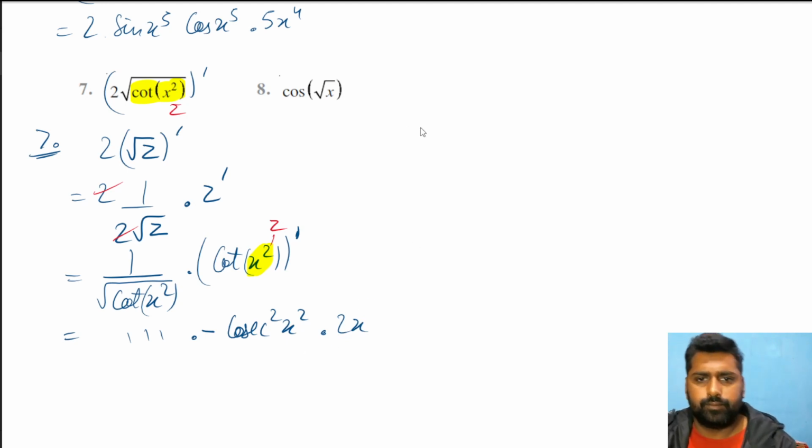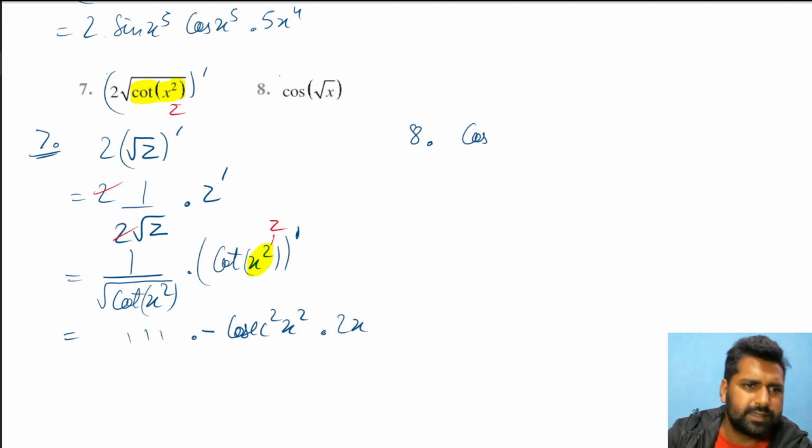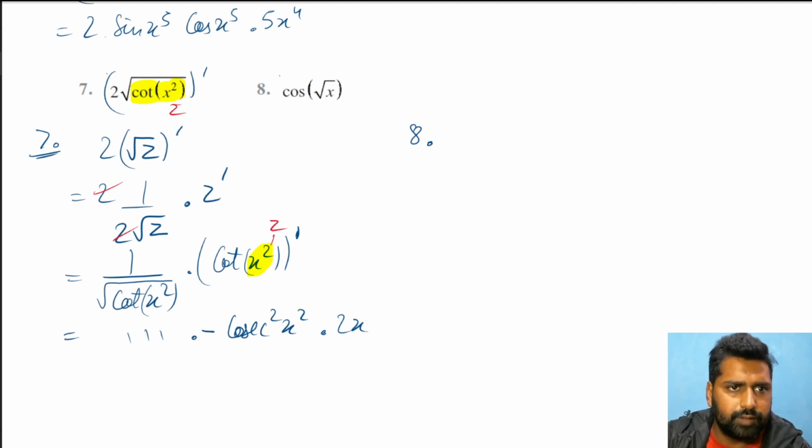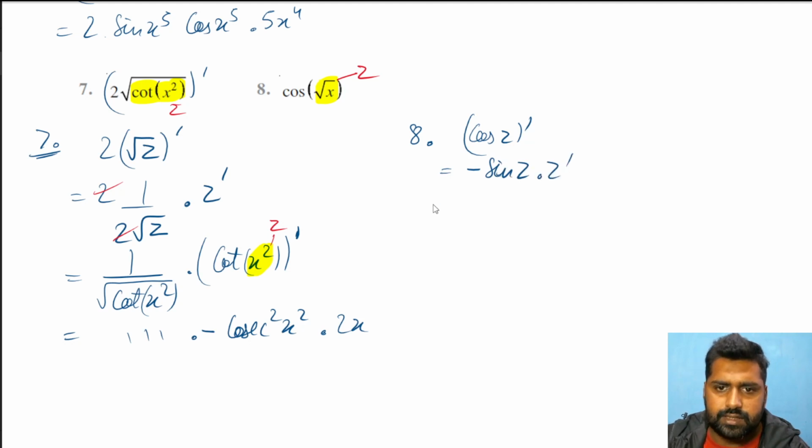Okay. 8th, cos root x. I think this is now easy, because the first function is cos, leave it. Whatever is present inside, consider that to be your z. So cos z differentiation is minus sine z into z dash, that means minus sine root x, and root x differentiation.